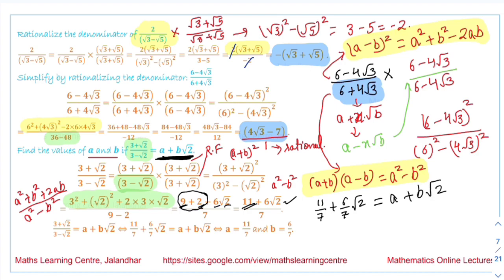So this 11 by 7 is a, and this 6 by 7 is b. So the answers we get are a is equal to 11 by 7 and b is equal to 6 by 7. These are the answers that we have obtained.